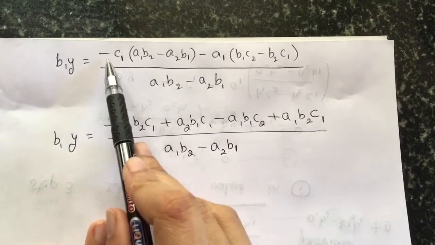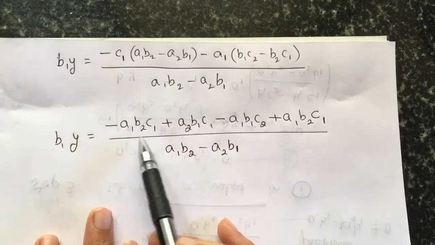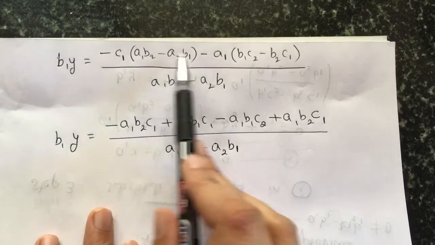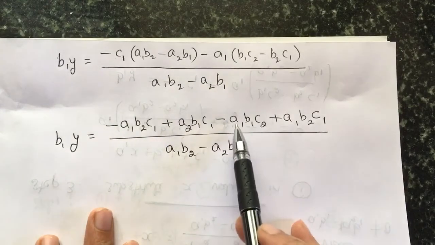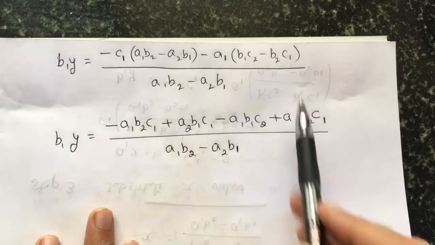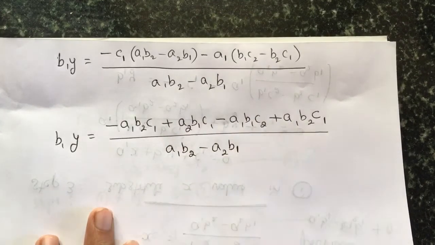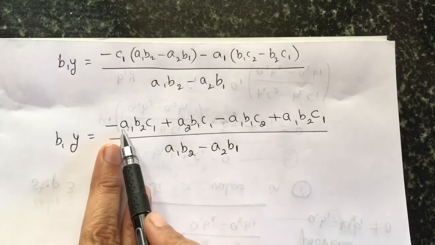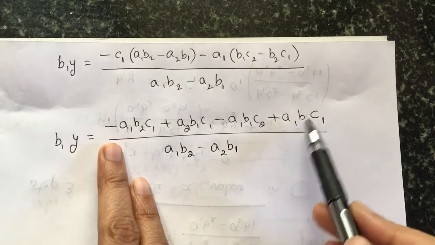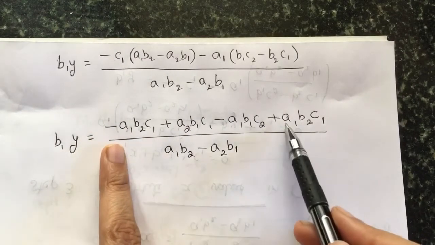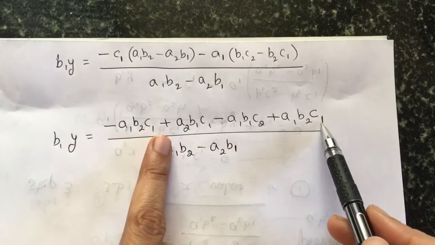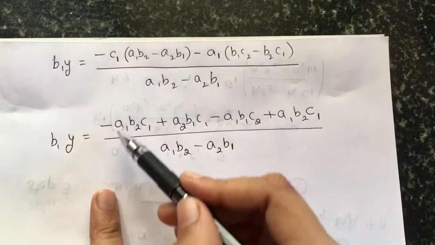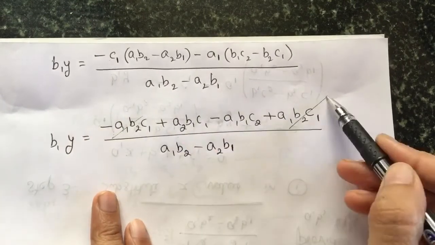See, if I multiply this, minus a1 b2 c1, minus into minus plus a2 b1 c1, minus a1 b1 c2 plus a1 b2 c1. Now look at the terms. This term is equal to this term, but with different signs, so they'll get cancelled. a1 b2 c1, this is positive and this is negative, so these two terms get cancelled.